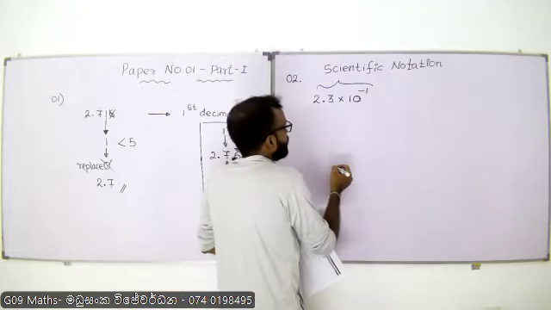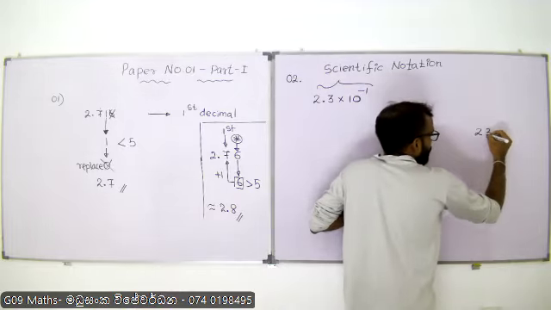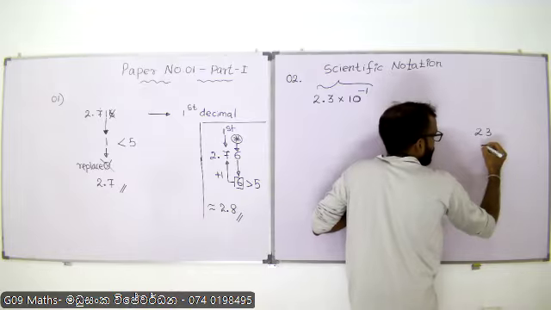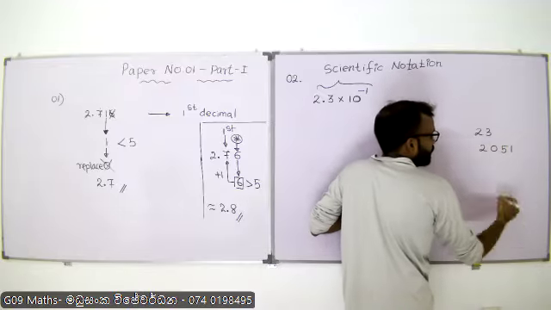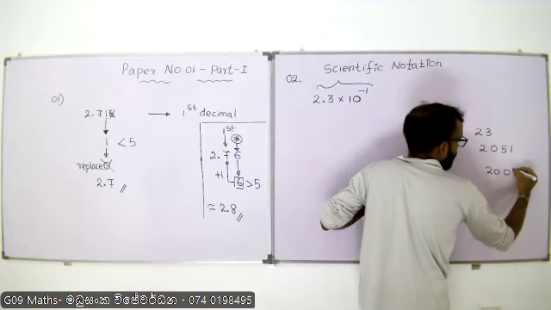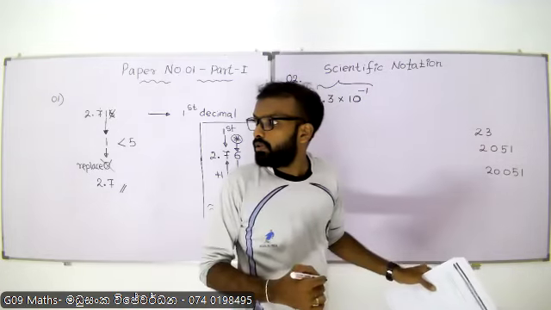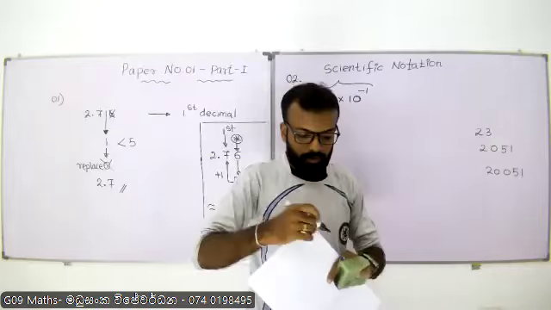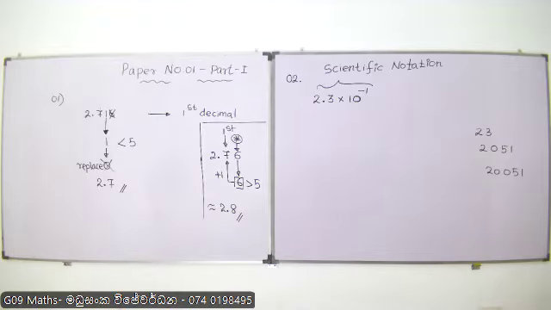So for an example, general form is like 23, 2051, 20,051, and so on and so forth. What do I do there?